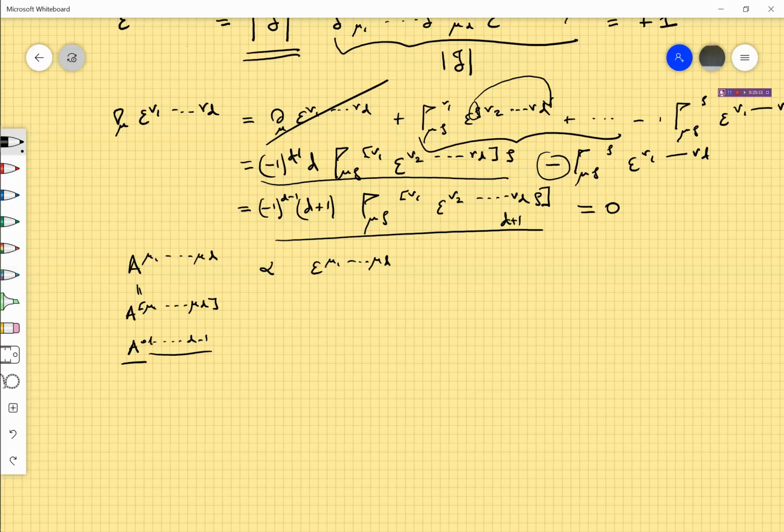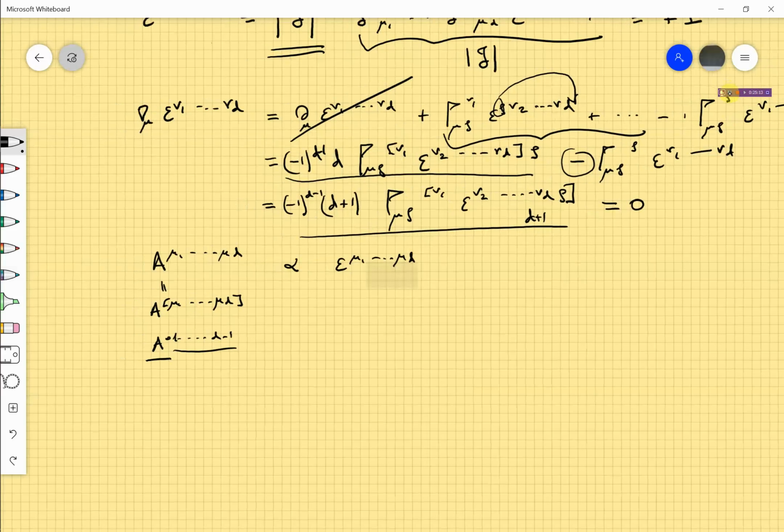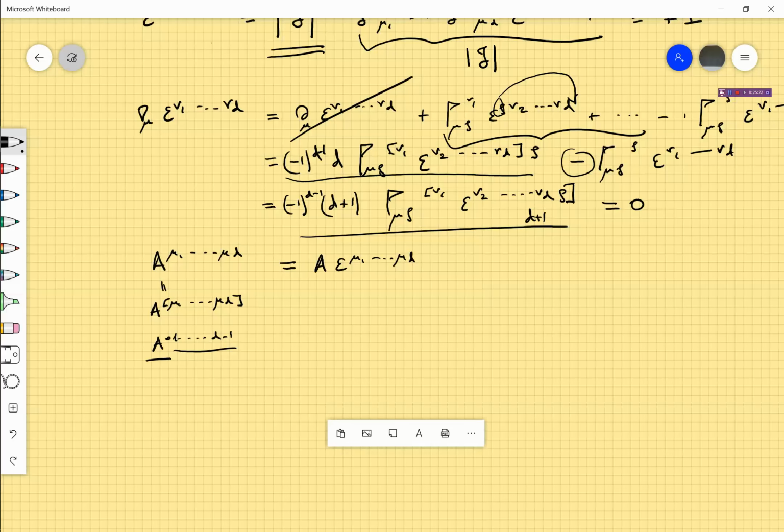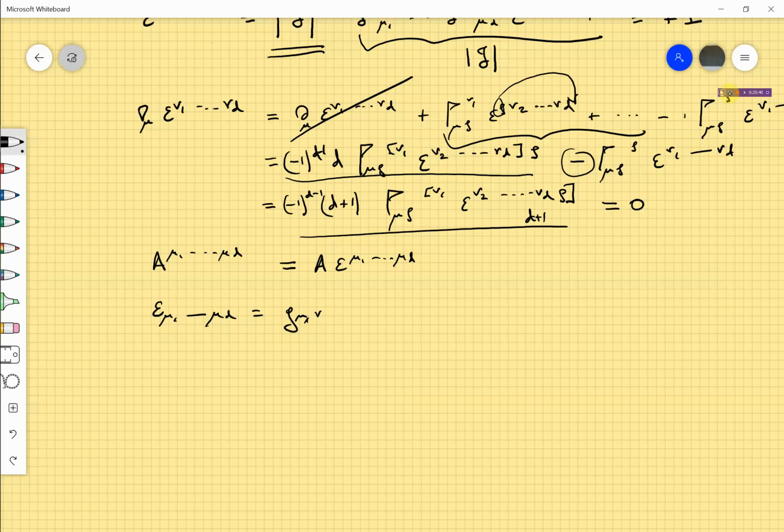So there will be some number, and well, you multiply it by 1 or minus 1, just as this epsilon. So I need to find this coefficient A if I want to write it this way. How do I do this? Okay, it is convenient to define epsilon mu1 mu d as the tensor density that you obtain by lowering indices with the metric.